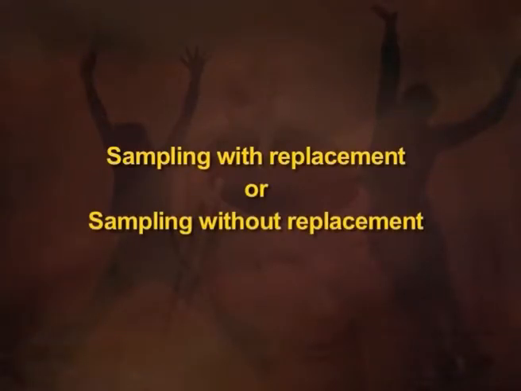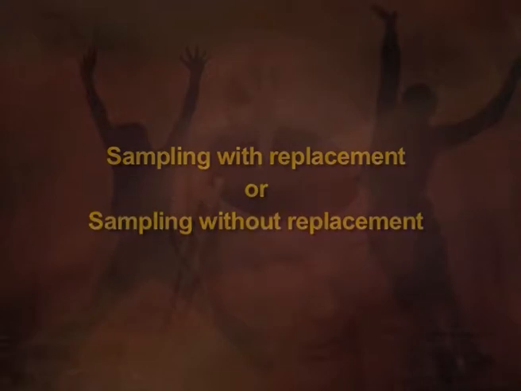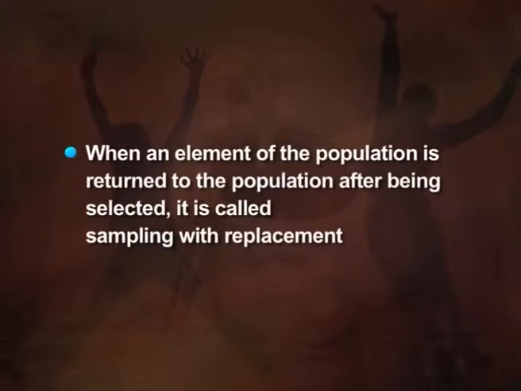For simple random sampling, we can either apply sampling with replacement or sampling without replacement. When an element of the population is returned to the population after being selected, it is called sampling with replacement.